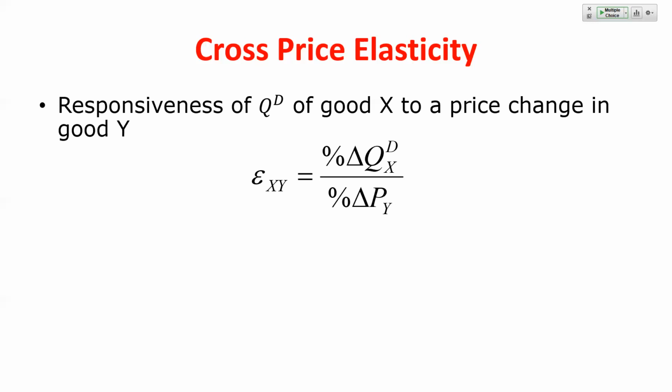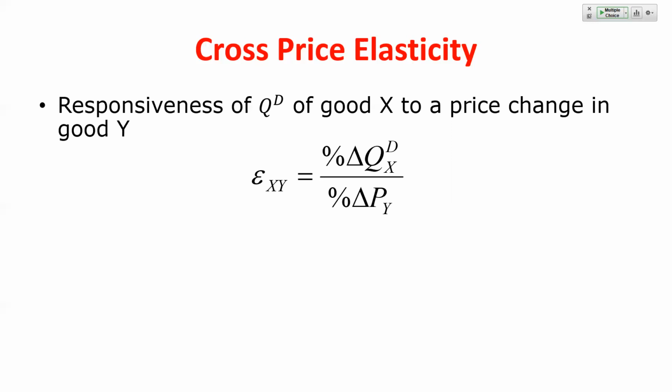If they're substitute goods, then when I see an increase in the price of good Y, that should increase the demand for good X. So they would both be positive changes.